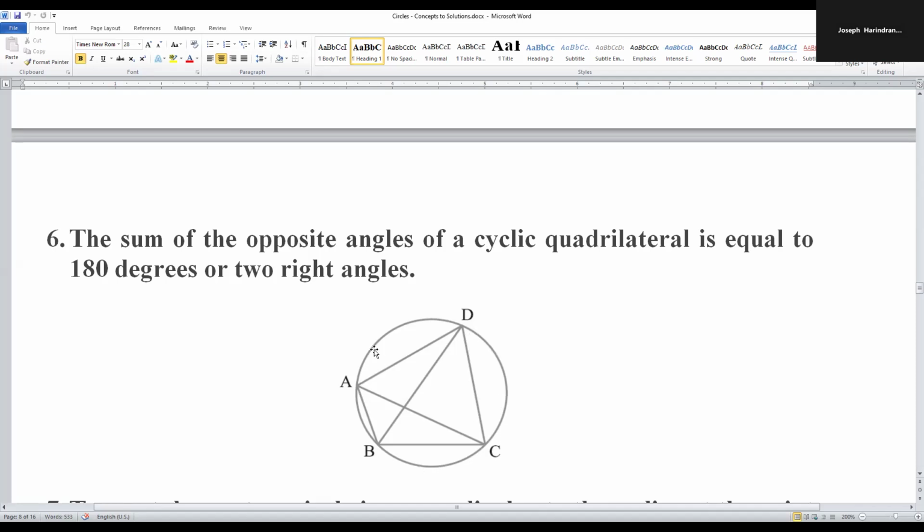Both ways we can say that. See, just A, B, C, D. All the 4 vertices of the quadrilateral lie on the same circle. Then it is a cyclic quadrilateral.